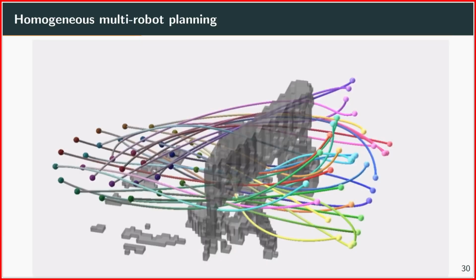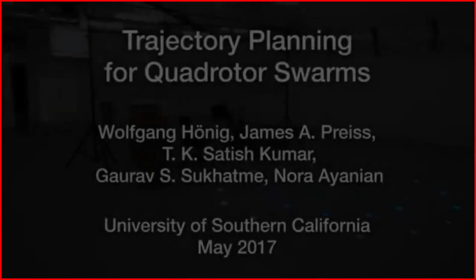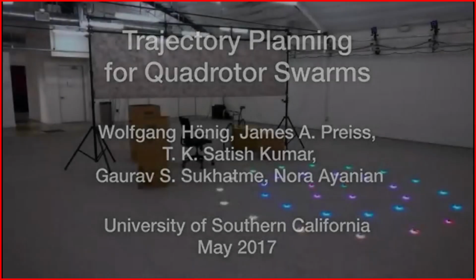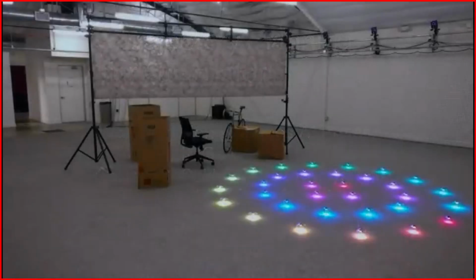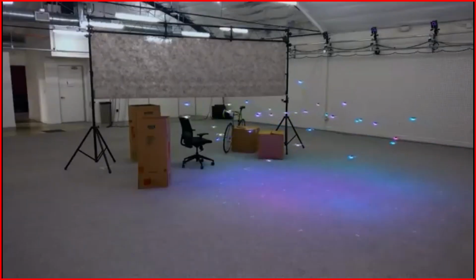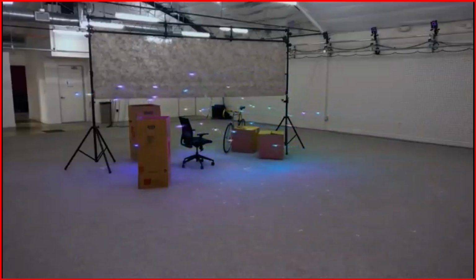And here's a small video. This is actually from research which Wolfgang did in 2017, where he applied this whole reduction to pebbles on a graph plus conflict-based search to solve a very large multi-robot motion planning problem.